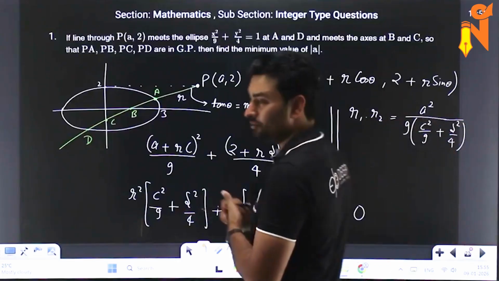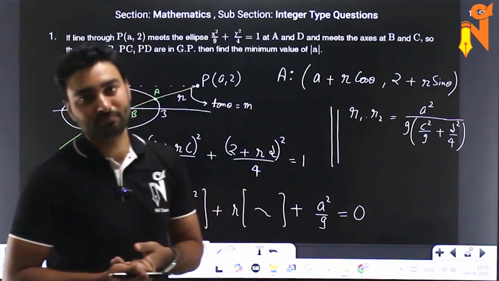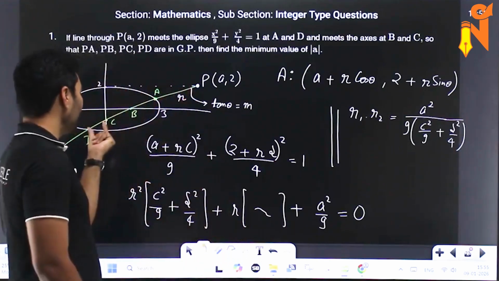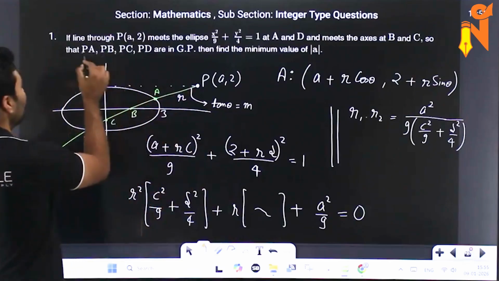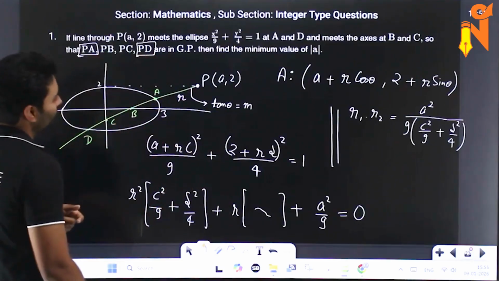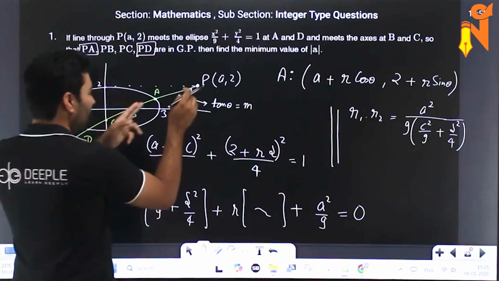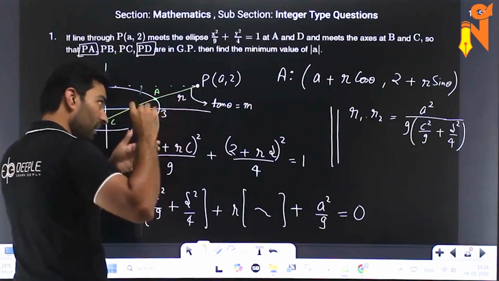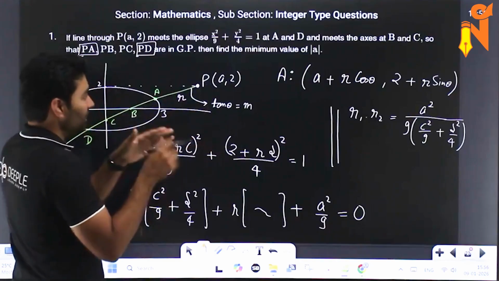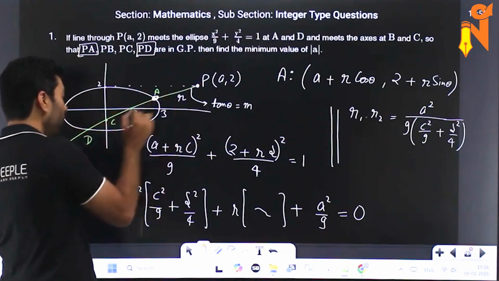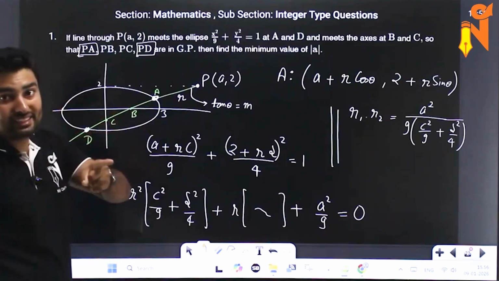But why are we finding this value? Very simple reason: r1 and r2 are nothing but PA and PD. R is a distance from this point, and R is such that the point lies on this curve. So this can be A or D, not B and C.